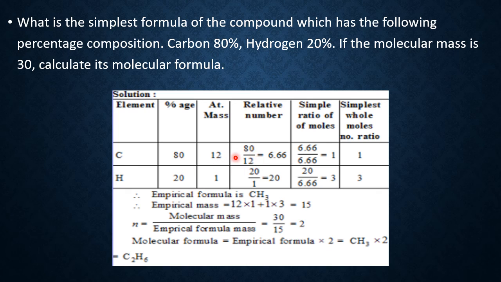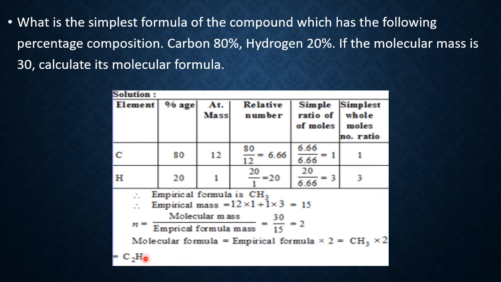The least number is 6.66, and dividing gives 1 is to 3. So C1H3 is the empirical formula. Then the mass: 1 carbon 12, 3 hydrogen 3, totally 15. So n equals molecular mass by empirical mass, same formula, equal to 2. Putting n equal to 2, we get C2H6. It is nothing but ethane, which we learnt in the 10th class.